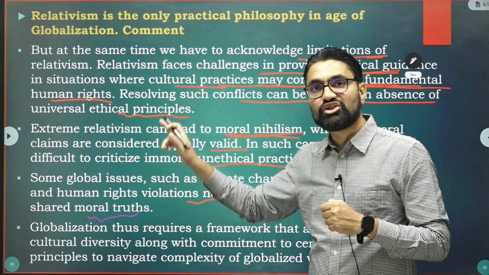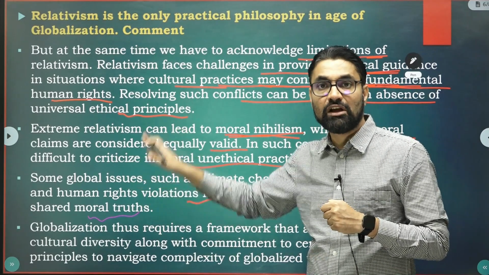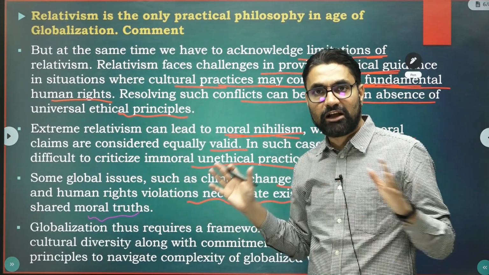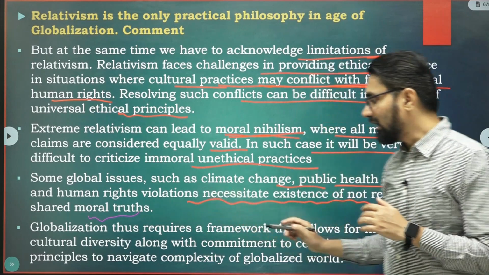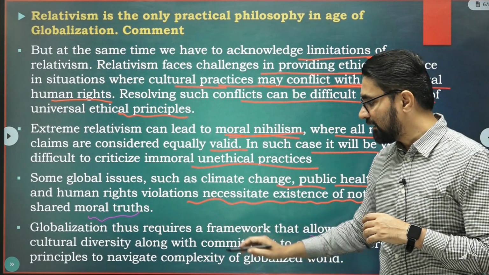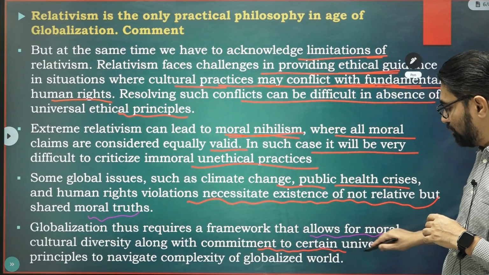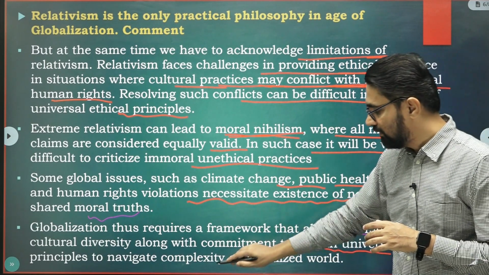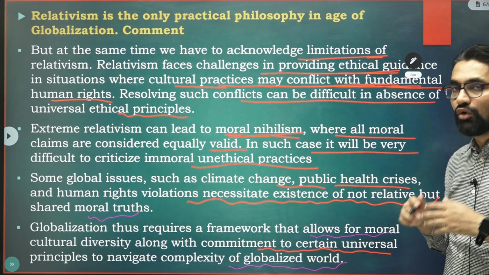We need some shared universal moral truths, immutable moral truths accepted by all cultures. And so globalization requires a framework that allows for moral and cultural diversity along with commitment to certain universal principles to navigate the complexity of the globalized world.